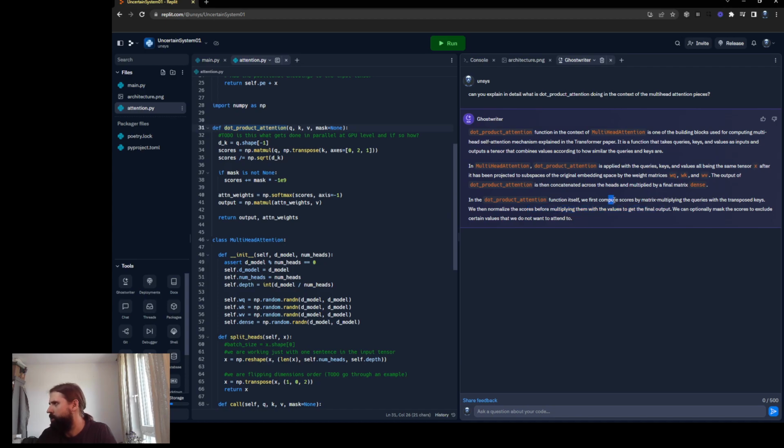Okay, we compute scores by multiplying the queries with the keys, and then the values to get the final output. We can optionally mask the scores to exclude certain values that we do not want to attend to.